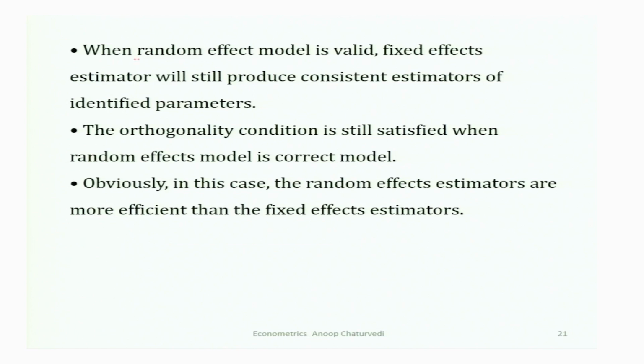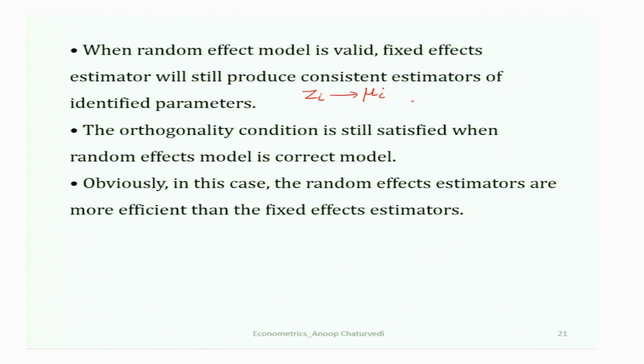When the random effect model is valid, that is, if z_i's are uncorrelated with mu_i's, you can use the random effects model. Even then, if you are using the fixed effects estimator, it will still produce consistent estimators of identified parameters.